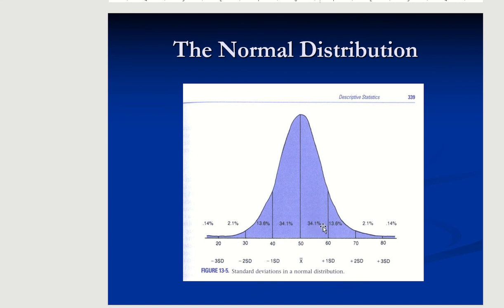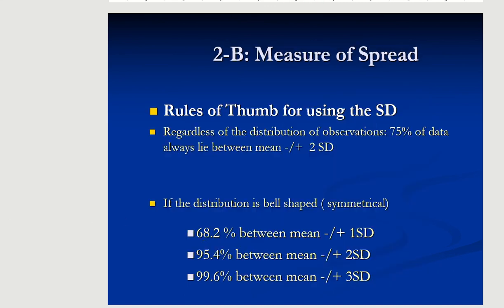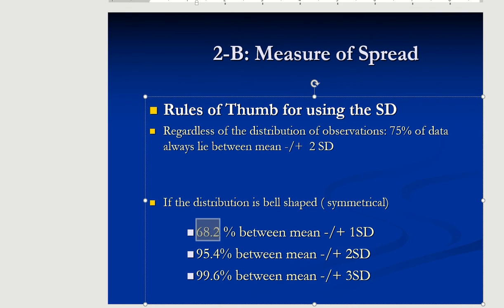So 34.1% if you go up 1 standard deviation. If you go down 1 standard deviation, you will also capture 34.1%. And these two together would be 68.2%. Let me go back 1 slide. Remember, I said 68.2. Okay?